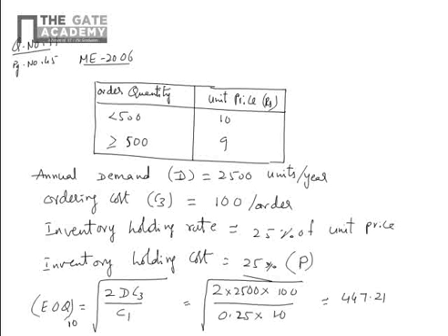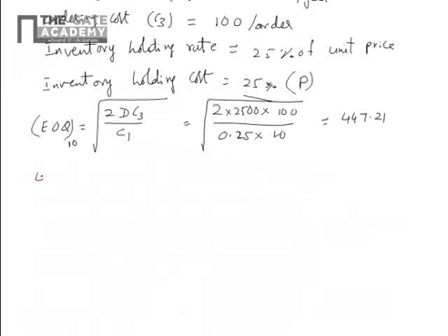It satisfies the condition. You can cross check that. As per EOQ, if he has given in the table that for 10 rupees the order quantity is less than 500, we got less than 500.